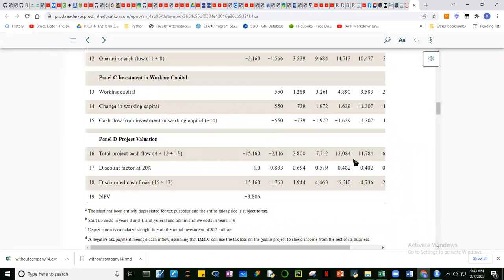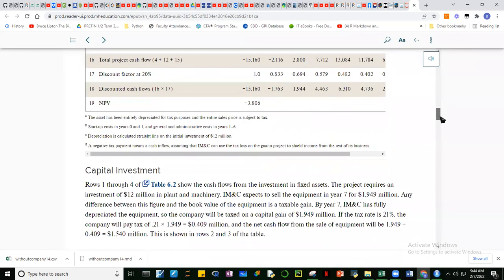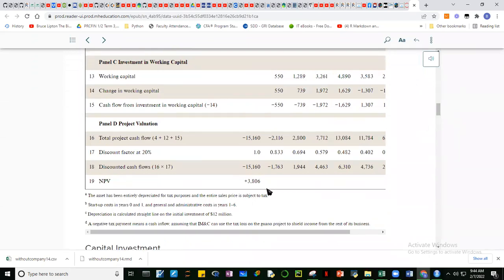And then after that, you compute the discounted cash flow, which means you take the present values and then compute the net present value. In this case, the net present value is positive, which means that this project is feasible since the net present value is greater than 0.